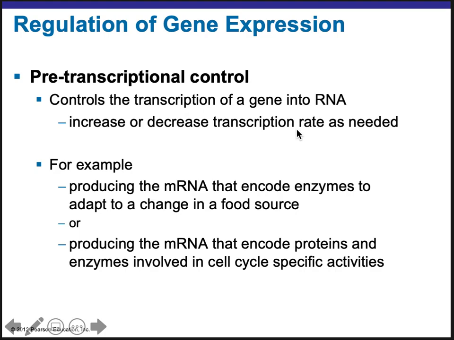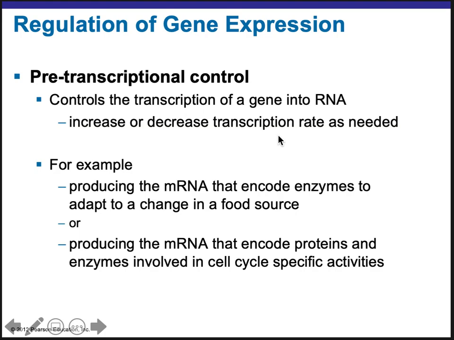So for example, you don't need to make every single gene all the time. There are some genes that you only need in certain situations, and it would be wasteful to make everything all the time at high levels. We want to conserve energy and resources, right?